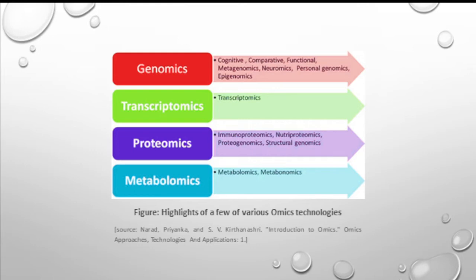Proteomics may be further categorized into immunoproteomics, nutriproteomics, proteogenomics, and structural genomics, while metabolomics is categorized further too. We'll talk more about it on a later occasion.